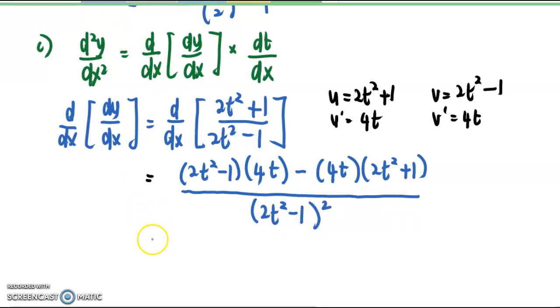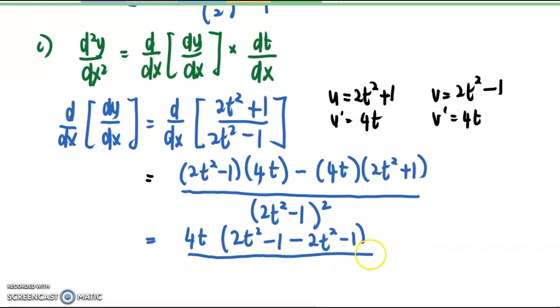And then take out 4t. So we have 2t square minus 1 minus 2t square minus 1 over 2t square minus 1 square.